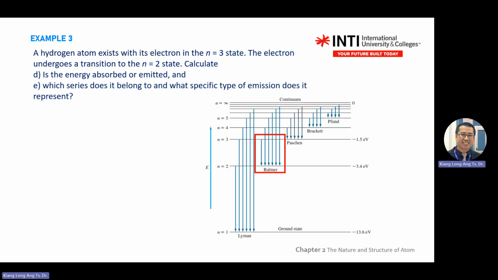If I tell you Balmer, you know that it stopped at number 2. It depends. If the question is too long, I will remove the n number 2. The question will start with hydrogen atoms in a reaction belonging to a Balmer's type of emission. Means you know that n equal 2 already, plus the last station is stopped.